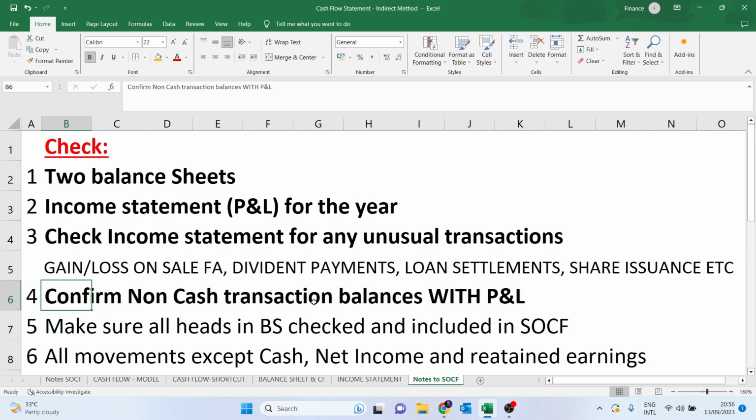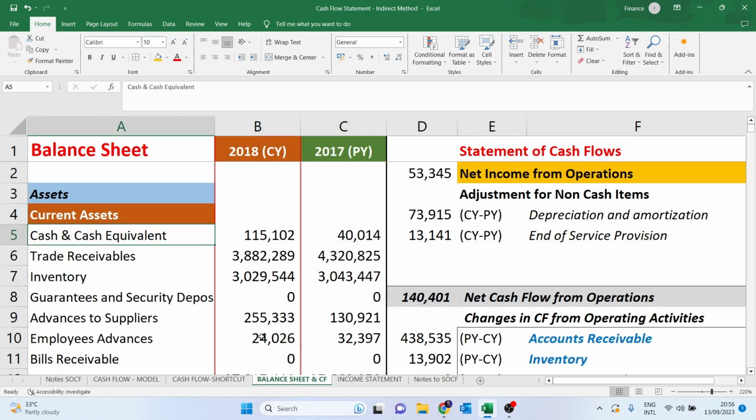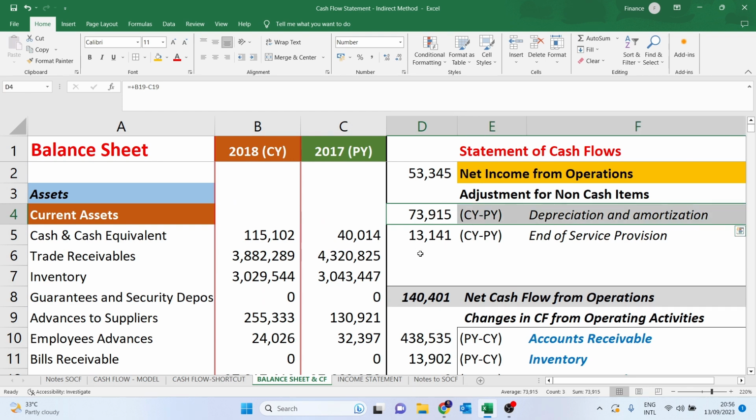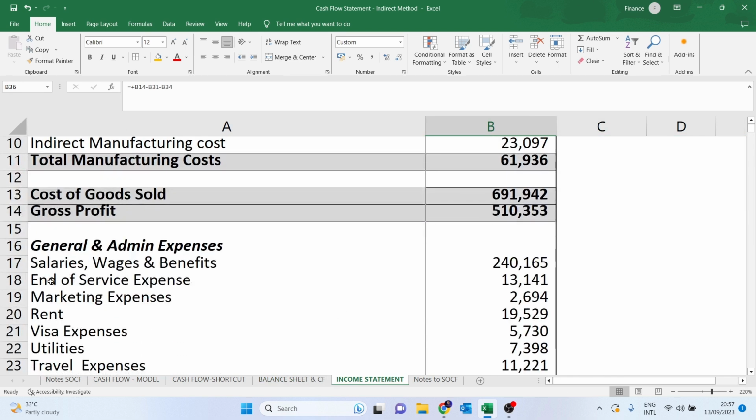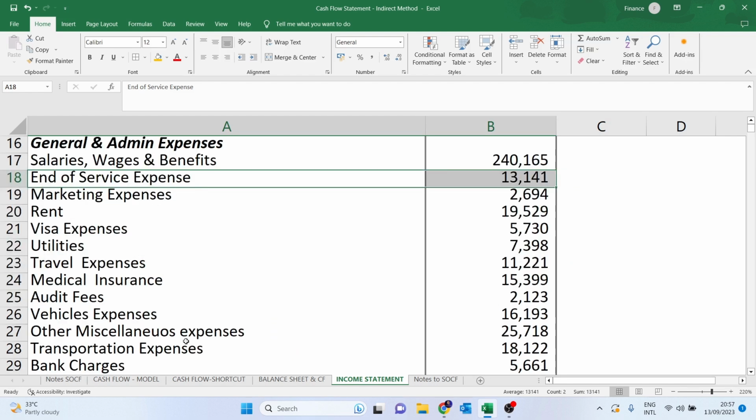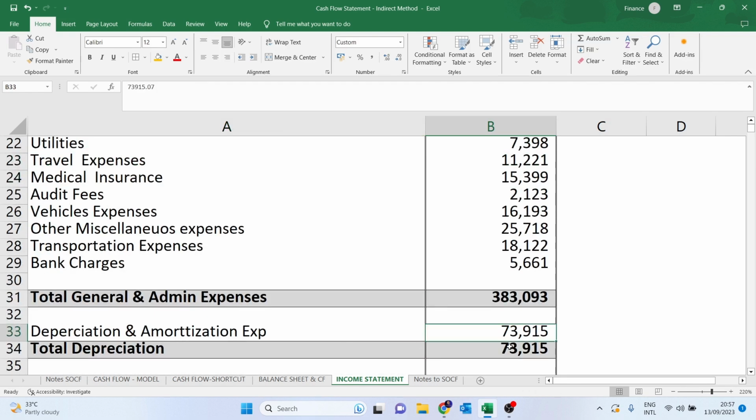So non-cash transactions mean the depreciation, end of service benefits, like we did here. Here the depreciation is 73,915. Just to make sure, in the income statement they are showing depreciation here, 73,915.